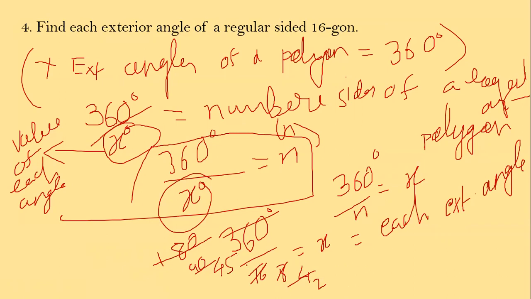We are getting x equal to 45 by 2 degrees. So how much will that be? 22 and a half degrees.